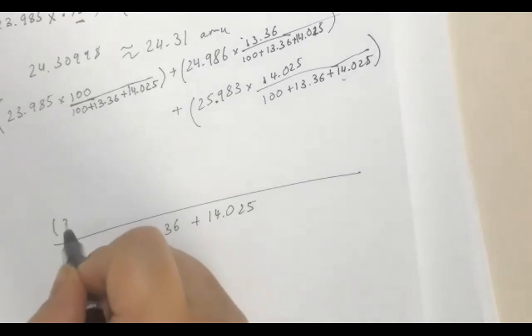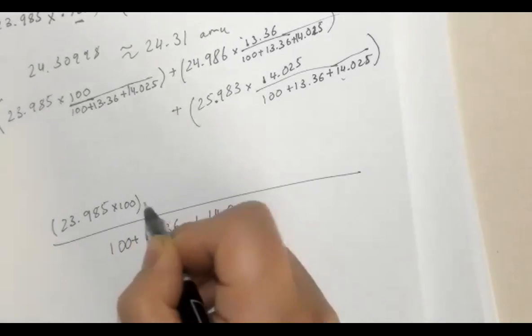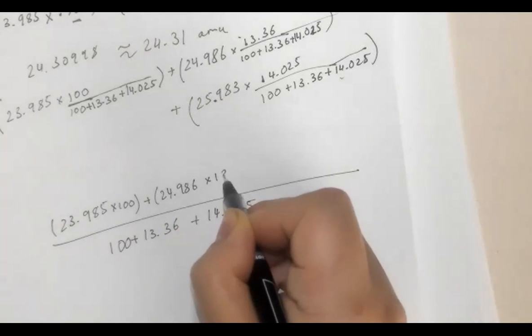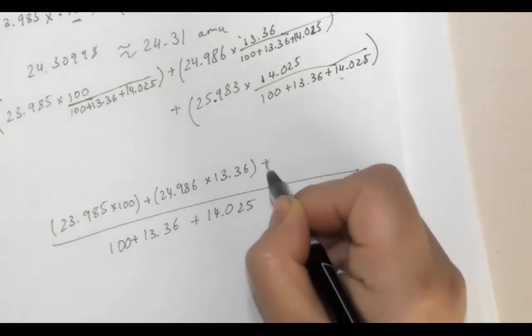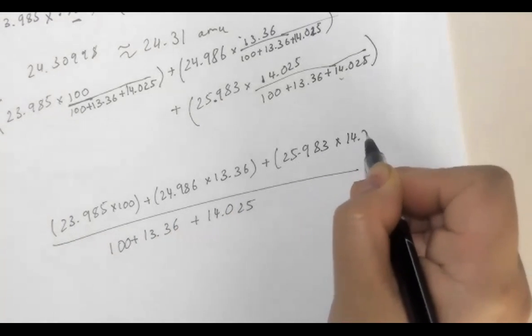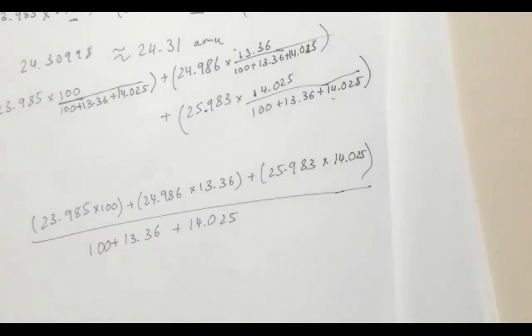And then on the top is this. You see that? If you've done this correctly, you should end up getting 24.31 again. All right, so that's what I was trying to talk about today.